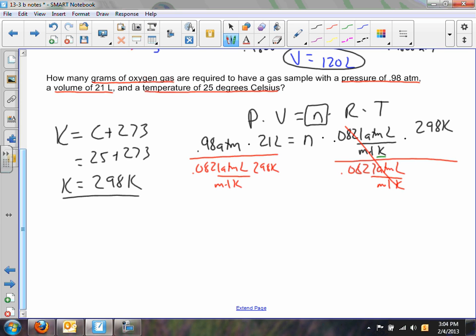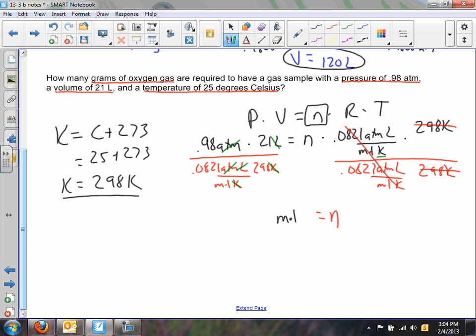They're gone. And the 298 Kelvin, that's gone. I'm left with N equaling, notice my atmospheres cancel out, my liters cancel out, Kelvin cancels out. We have 1 over moles on the bottom. You get moles for your units.